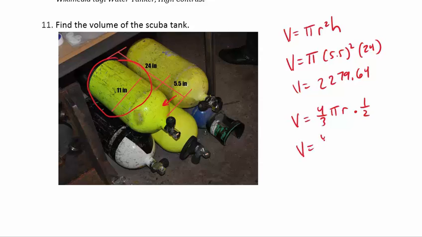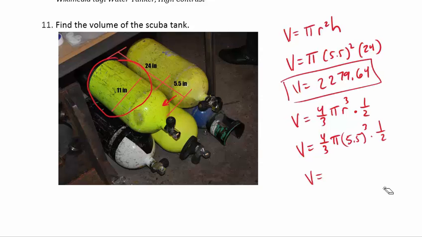So let's see. 4/3 pi, and that was r cubed on the top. So let's see, the radius of this sphere. Notice the distance right here, my distance across, is 11 inches, so the radius of this is going to be 5.5 again. Okay, so I've got my information in here.